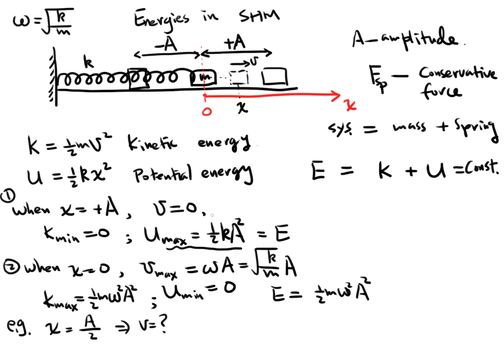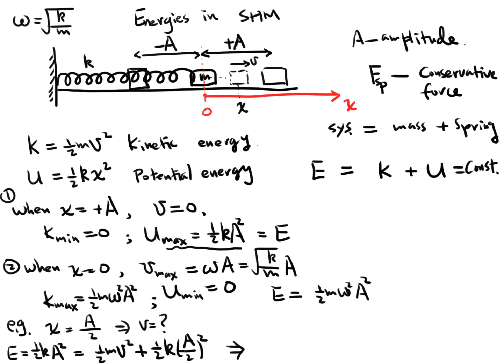Since I know the total energy is given by 1/2 Ka squared, that should equal the kinetic energy 1/2 mv squared at this location plus the potential energy at this location, 1/2 K (a/2) squared. So let's see what we can get for the velocity v.